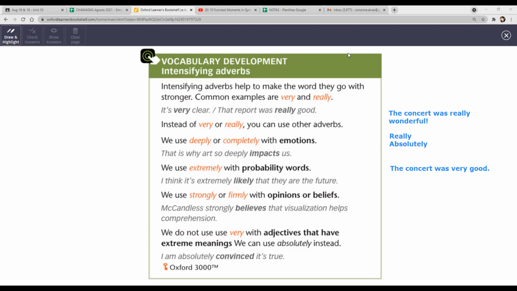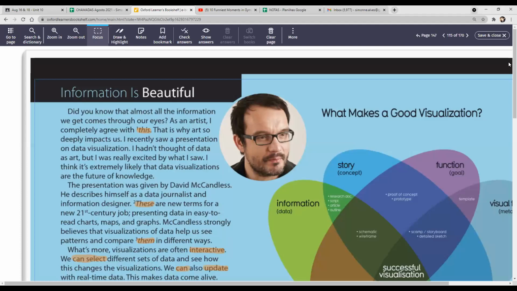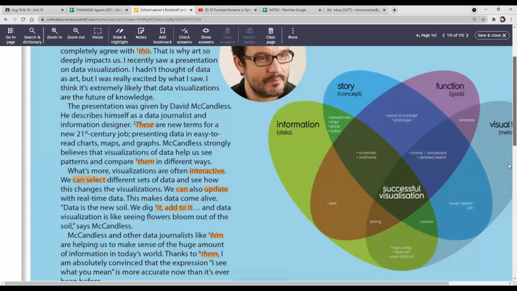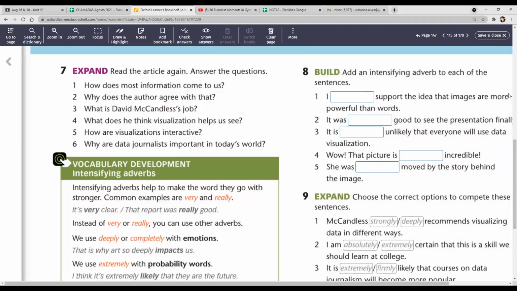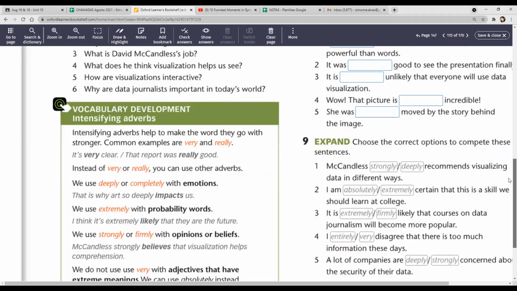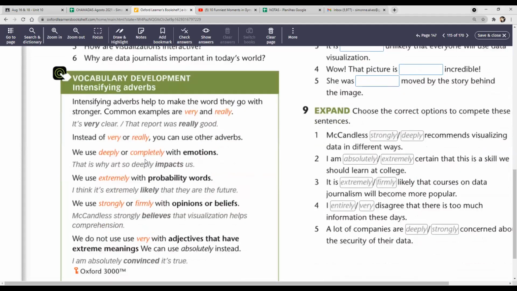Let's try to practice a little bit. So let me clear my drawings. We go down here. So back again, just to summarize: deeply and completely we use with emotions, extremely with probability words, strongly or firmly with opinions or beliefs, okay?